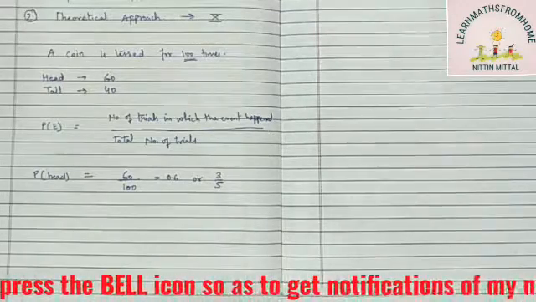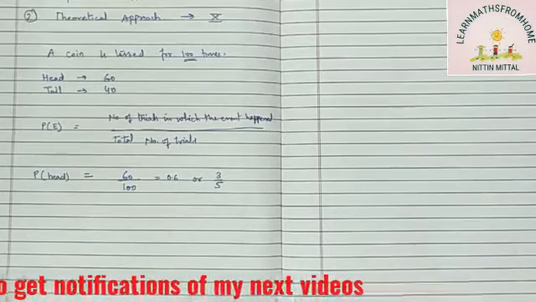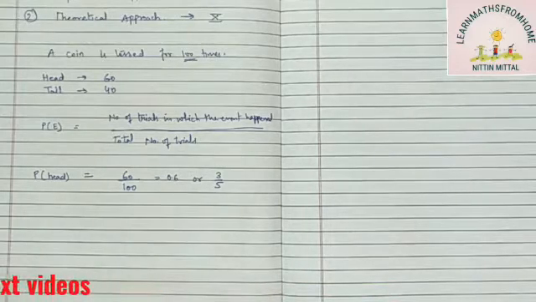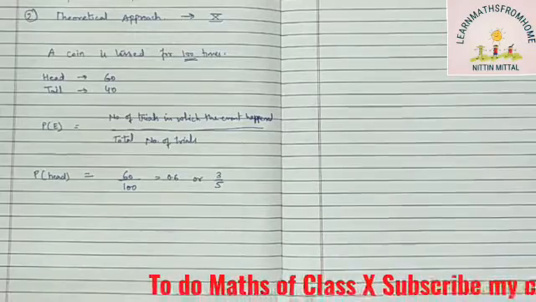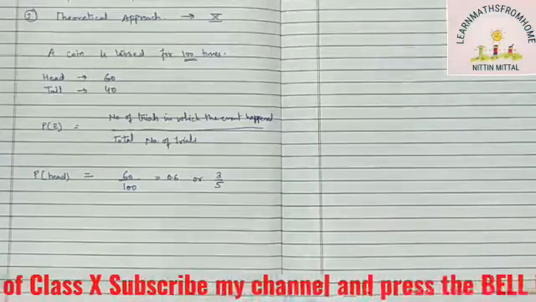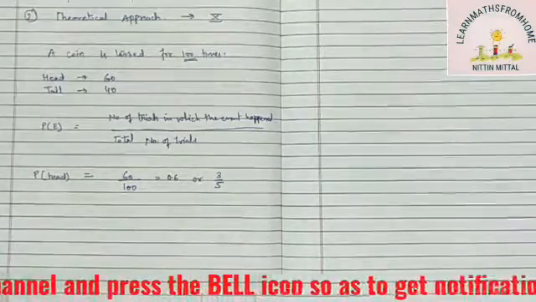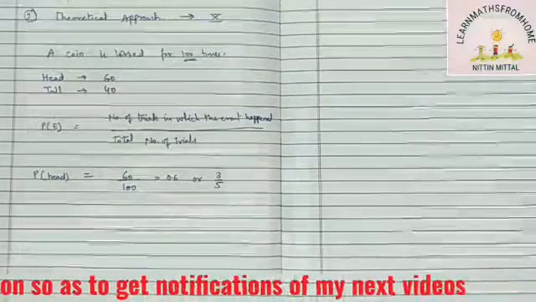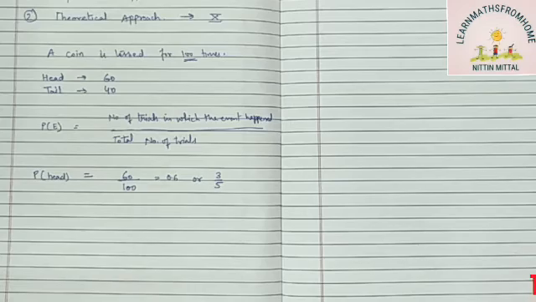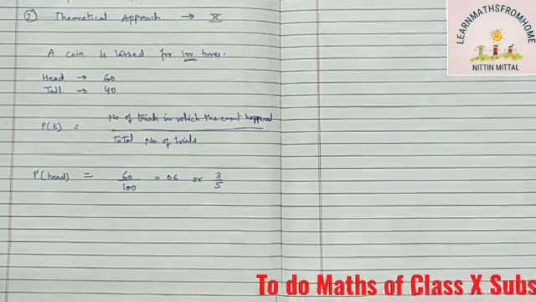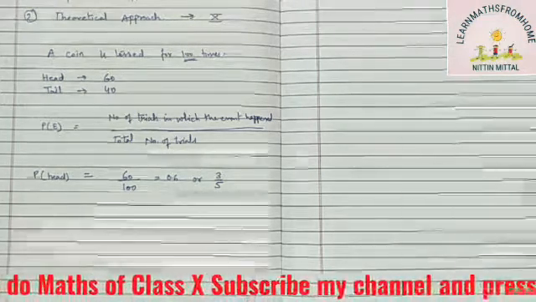So there are two types of experiments. One is deterministic and second is random. Deterministic experiments are those experiments which when repeated under identical conditions produce the same results or outcome.